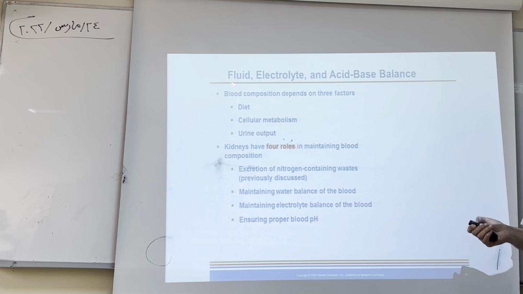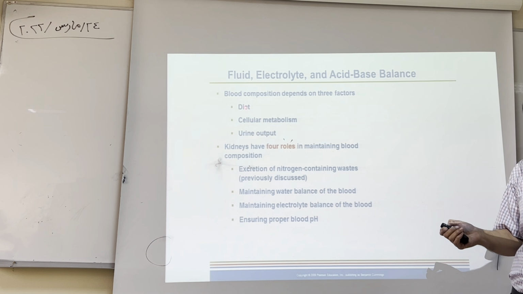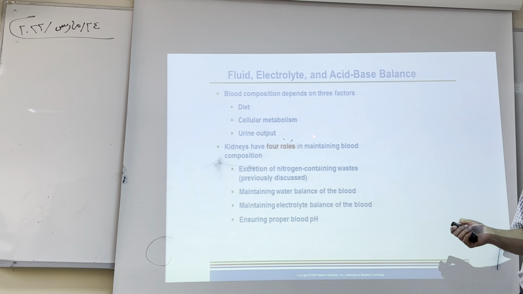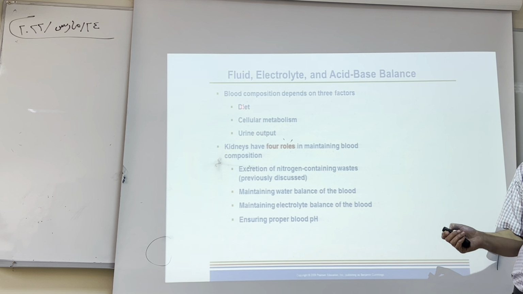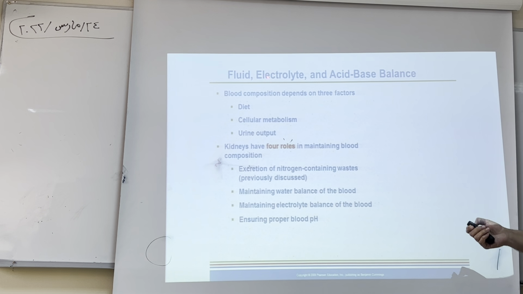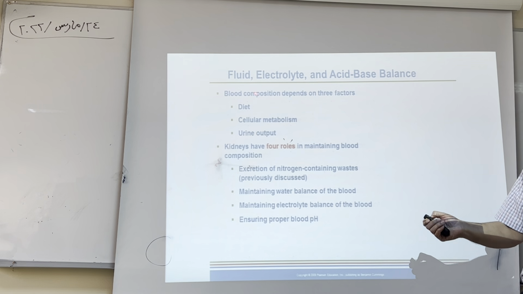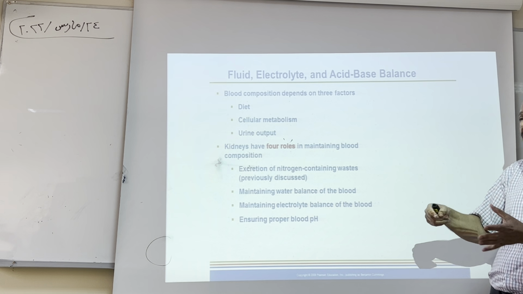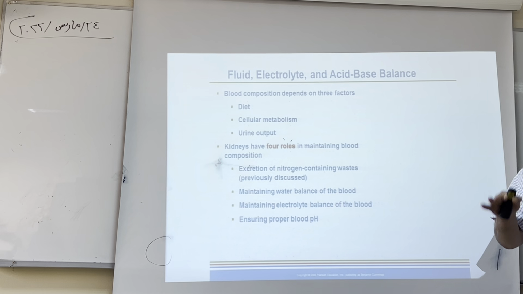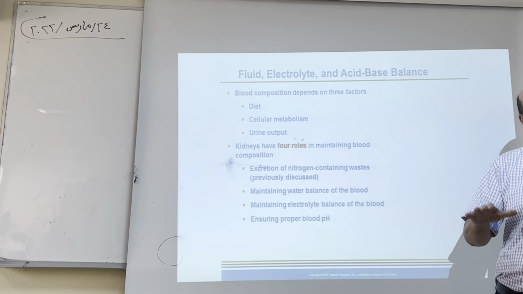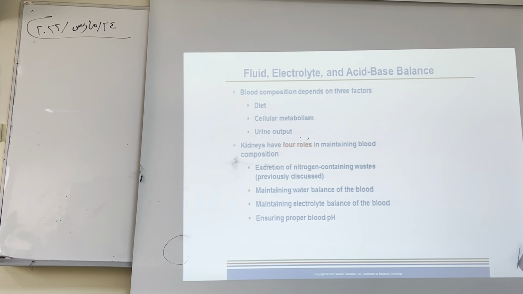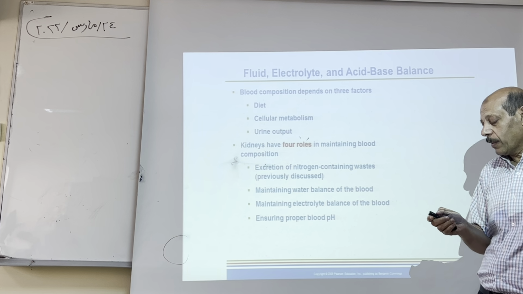It depends upon the diet that we are taking, and also it depends upon the cellular metabolism. According to the content of the diet, when we are increasing the fluid, it means that the body will have to adjust with the amount of the fluid in order to maintain the amount of fluid in our body in a normal situation.